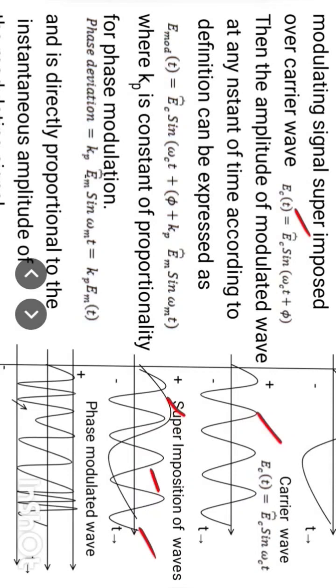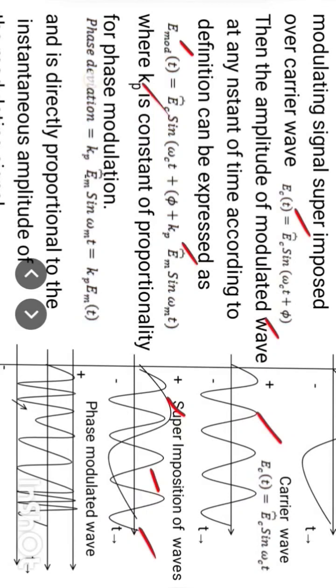Then the amplitude of modulated wave at any instant of time according to definition can be expressed as E mod (t) = Ec max sin (omega c t plus within bracket phi plus Kp Em max sin omega m t), because it is a phase which is varied in accordance with the instantaneous amplitude of the modulating signal, where Kp is constant of proportionality for phase modulation.